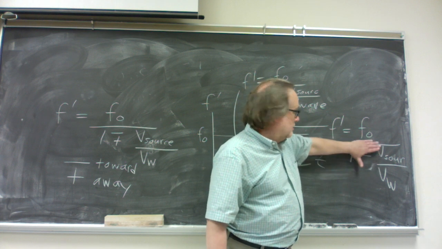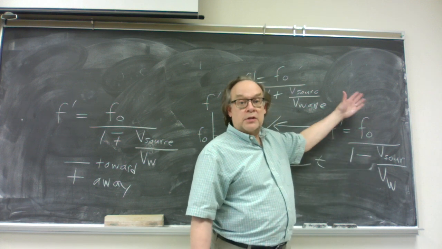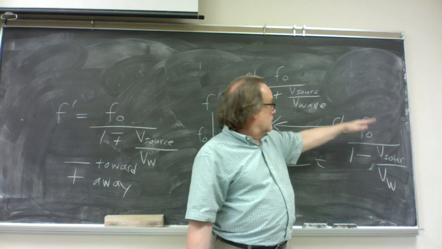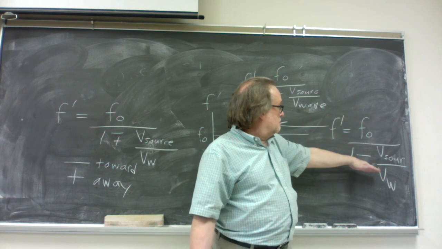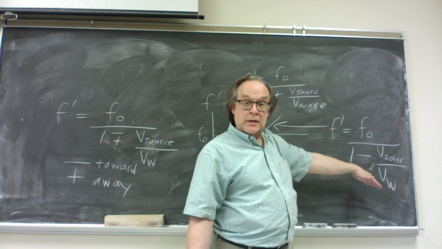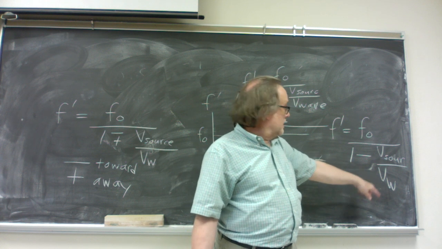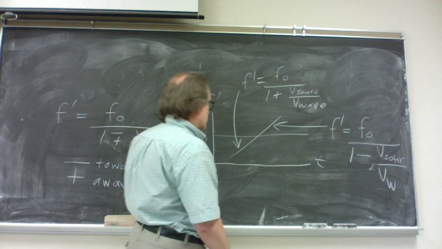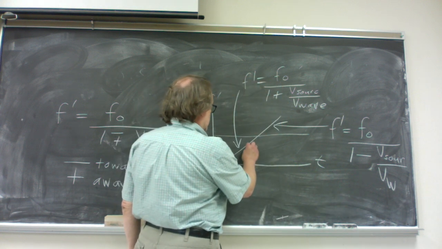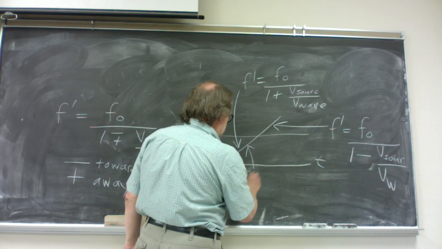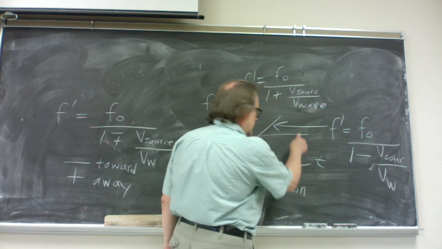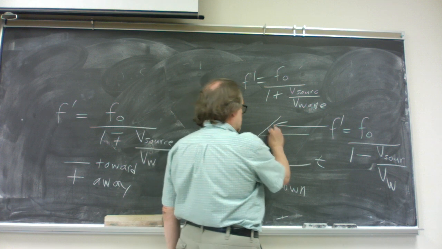And if the denominator of a fraction decreases, then the fraction itself increases. So this is bigger than f0, and it keeps on getting bigger and bigger and bigger as long as the source speed is increasing. So here we had slowing down, and here we had speeding up.